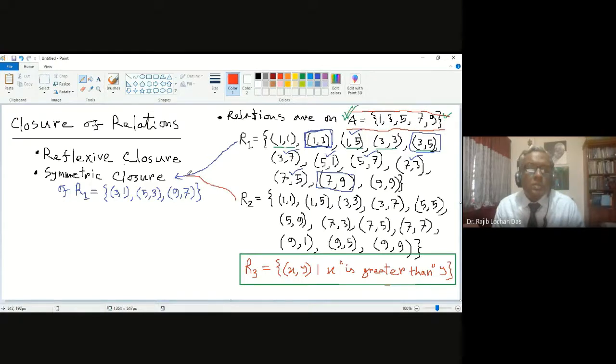What do you think? Do you need some elements to make R2 a symmetric relation?